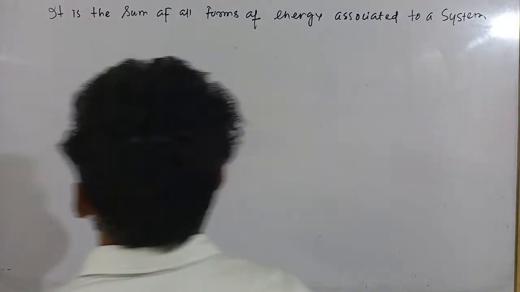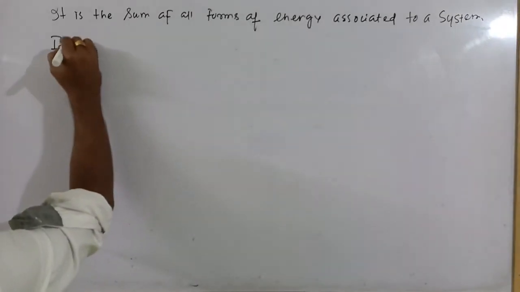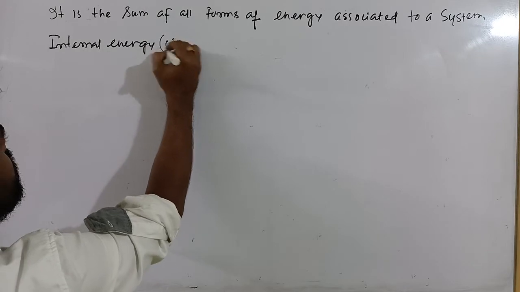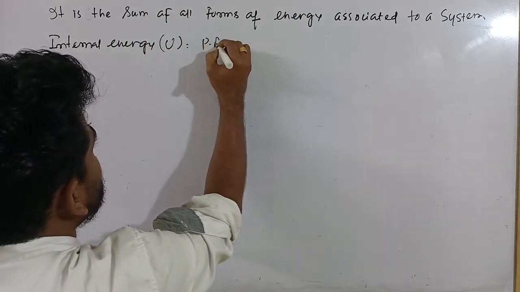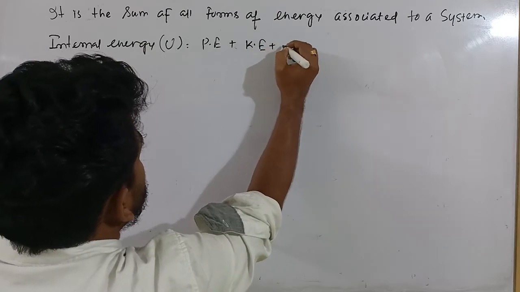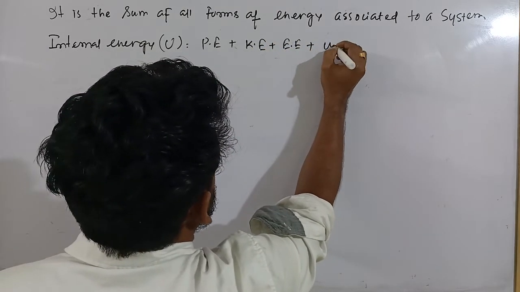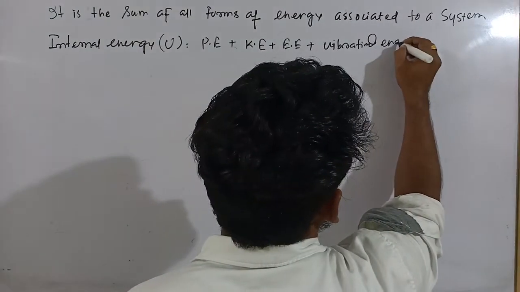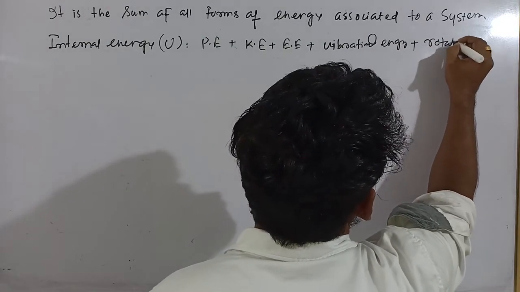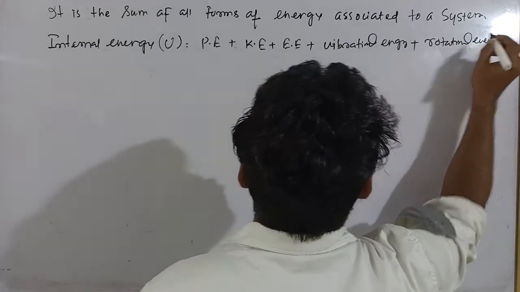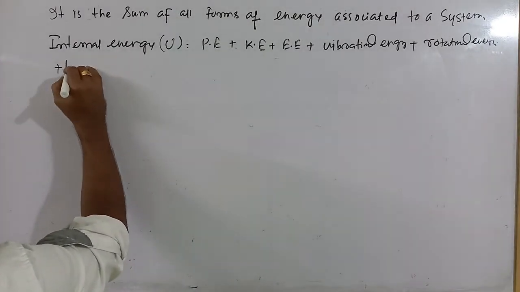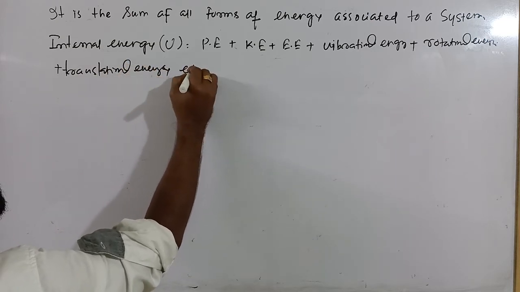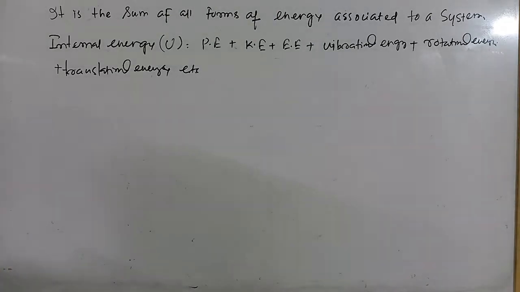That means internal energy U is equal to the sum of potential energy plus kinetic energy plus electrical energy plus vibrational energy plus rotational energy plus translational energy, etc. All forms of energy, that is called internal energy.